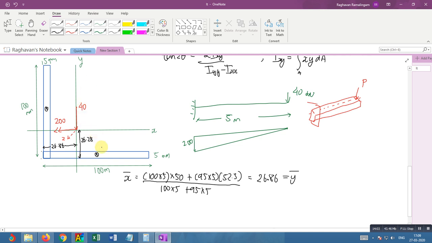It's easy to find, you can just find out that this will be equal to 26.86 minus 2.5, which is about 24.36, and that will be the case here too.